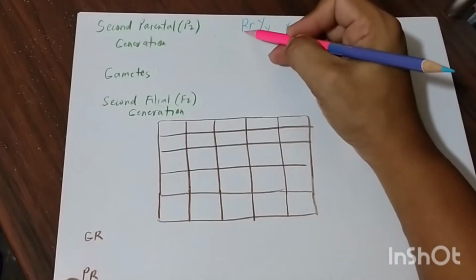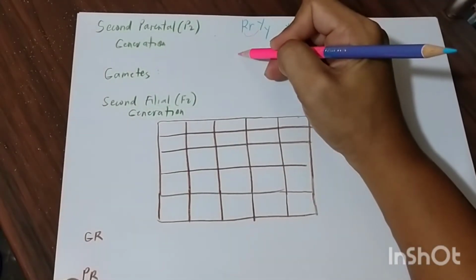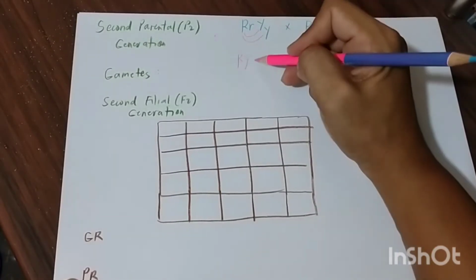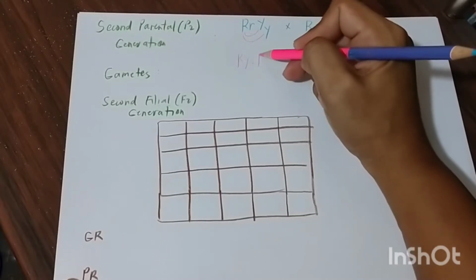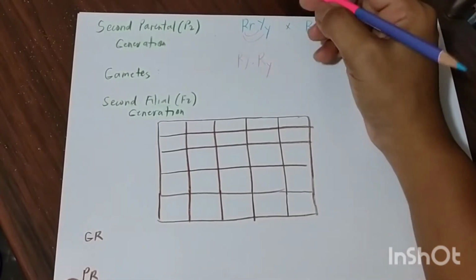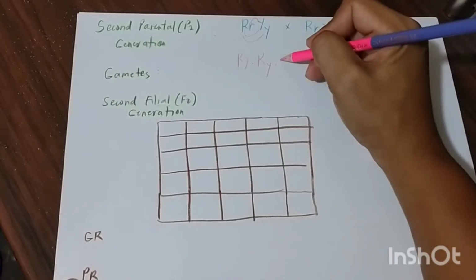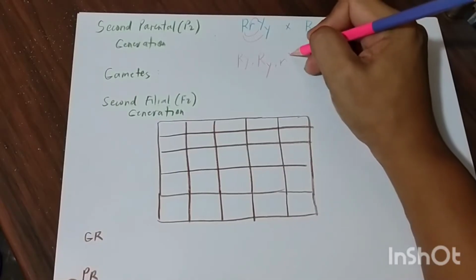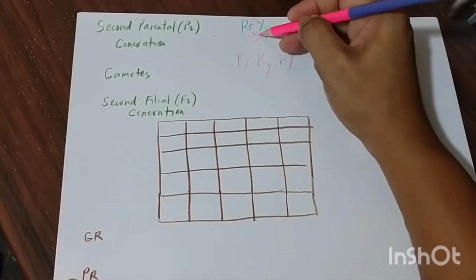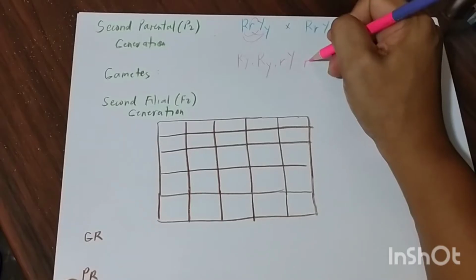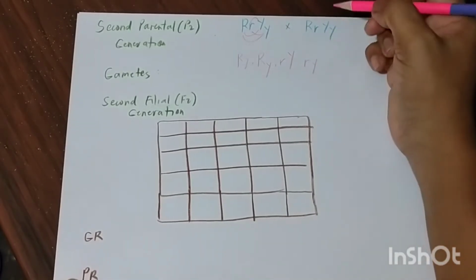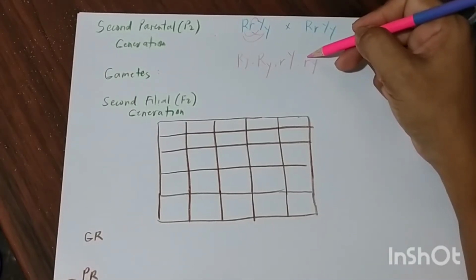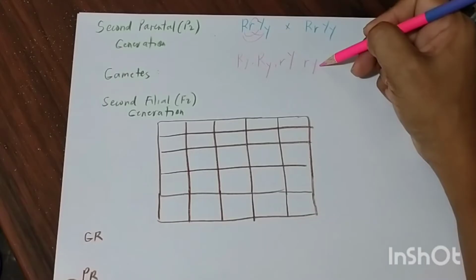So we have capital letter R and capital letter Y, capital letter R and small letter y, small letter r and capital letter Y. Then finally, we have small letter r and small letter y, or the allele for wrinkled and an allele for green.